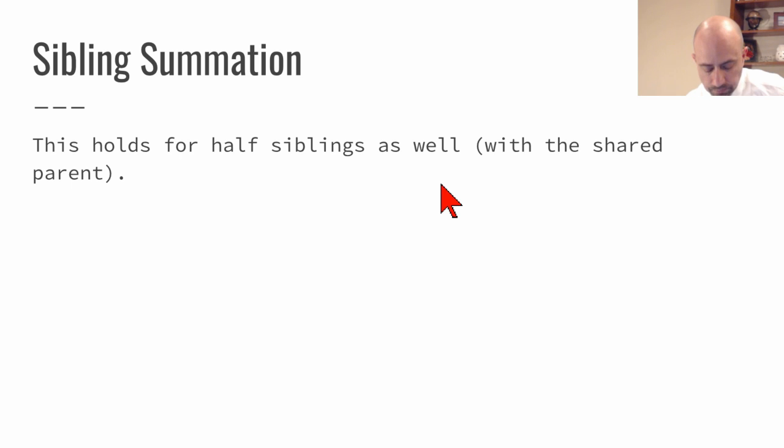So you can adjust your numbers. You can assume that two siblings are going to capture about 75% of the DNA, and you can look at the total centimorgans shared. You can do this sibling summation, take the sibling sum and divide it by 0.75 to estimate what the total would be.